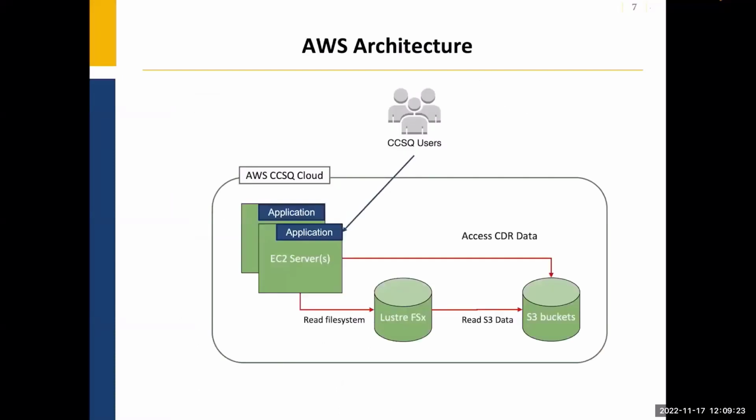This next slide has a diagram that illustrates at a high level how some of those key services are accessed in the cloud. Starting with the top, as a CCSQ user, from your local computer, you can log into a CAP application that is configured within one or more EC2 servers.